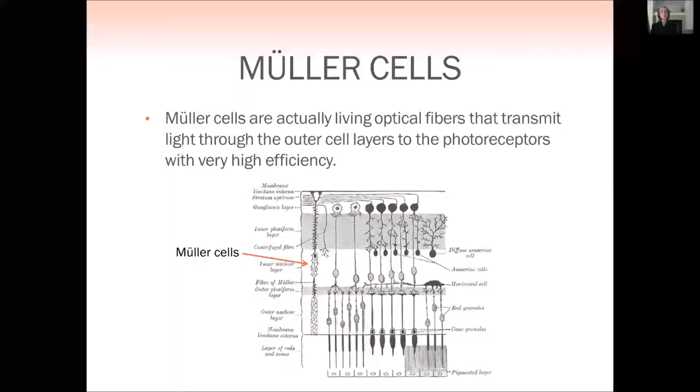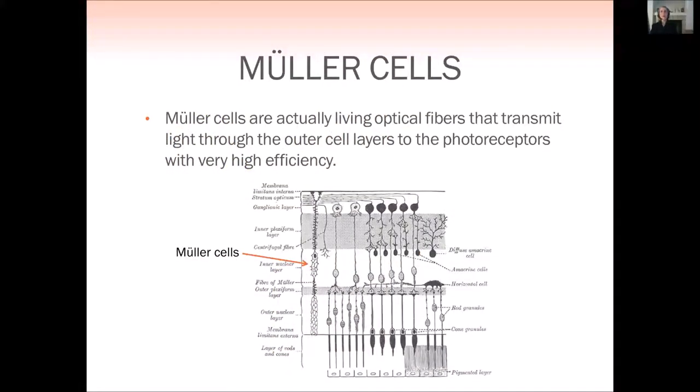Well, there was a fascinating discovery that was made that shows that one type of cell back in the retina called Muller cells, those cells are actually living optical fibers. Can you believe it? Your eye has living fiber optics. And the Muller cells transmit light through these layers of cells directly back to the photoreceptors.